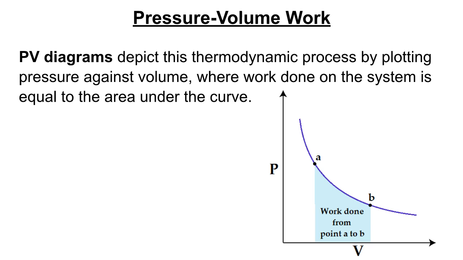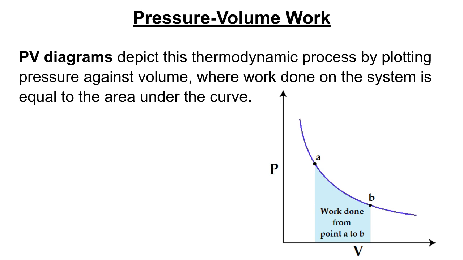So, pressure-volume work. When we have these PV diagrams, they depict the thermodynamic process that's plotting pressure against volume. So most people are familiar with pressure and volume from gas laws and things of that nature. They share inverse relationships with one another.